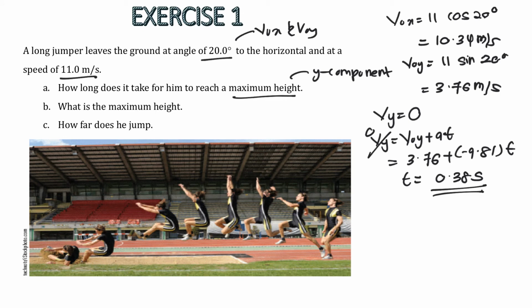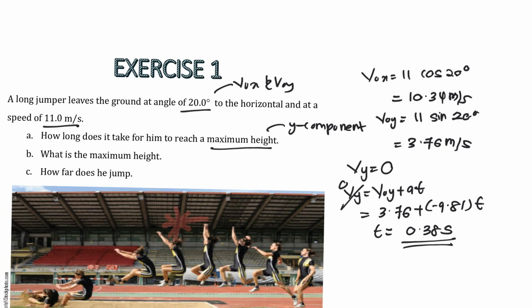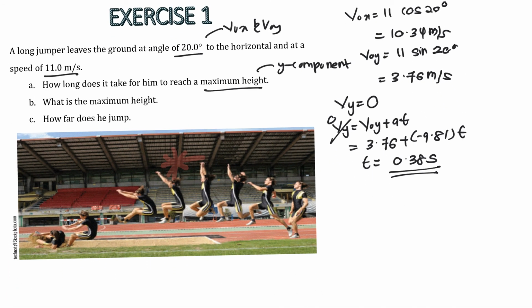Okay, so the question asks you to find the maximum height at this point. Same thing, I'm going to use the formula that makes the unknown less. I'm going to use Vy square, it's not Vx square, it should be Vy square.